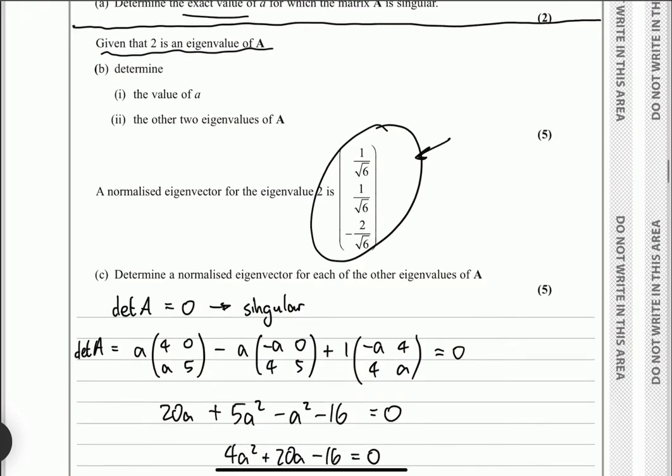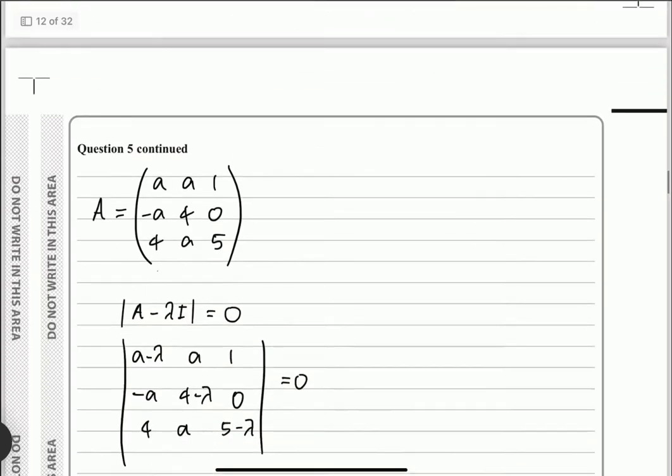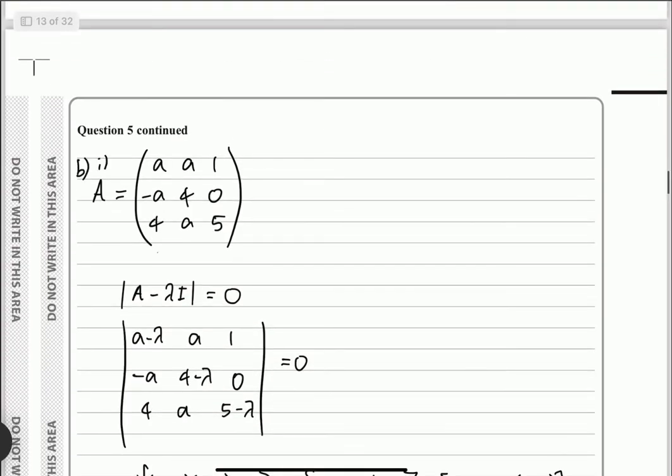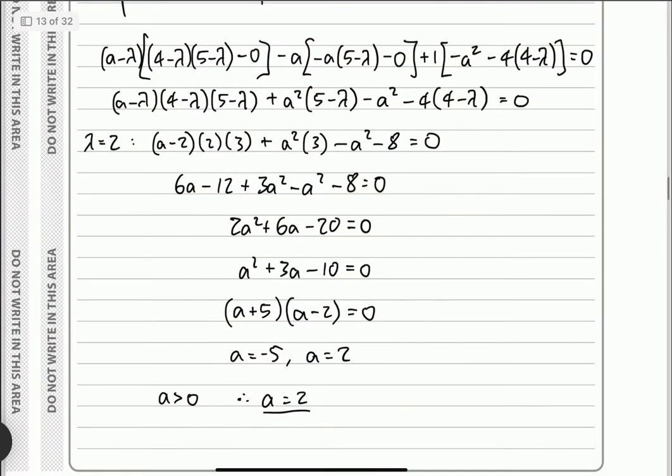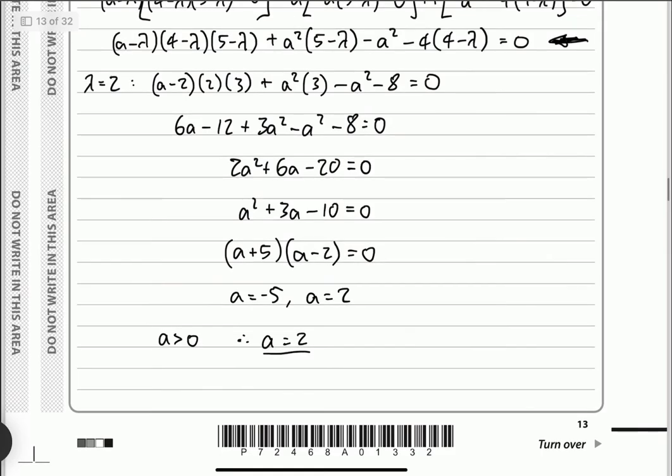Now we need to find the other two eigenvalues, which is just putting that back into this equation here and then finding lambda. So now that we know a, we've got 2 minus lambda, 4 minus lambda, 5 minus lambda, plus 2 squared, 4, 5 minus lambda, minus 2 squared, minus 4 lots of 4 minus lambda.